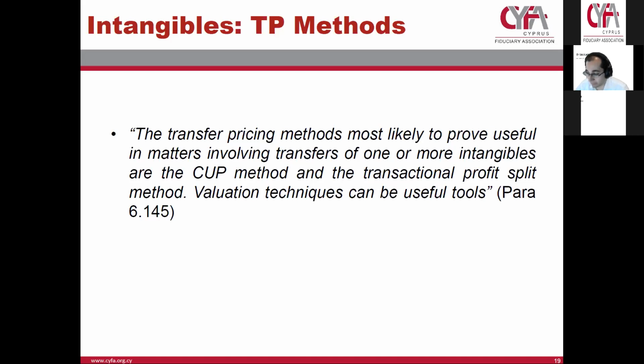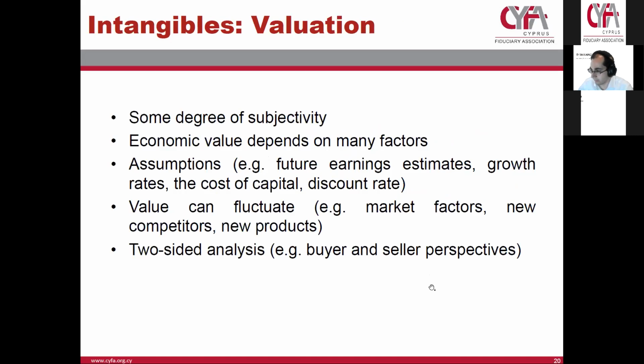The CUP method relies on close comparability, and so it may be hard to apply for a number of very unique types of intangibles. And so we are left with valuation techniques for a certain number of intangibles. The valuation techniques, of course, like anything in transfer pricing, involve a certain degree of subjectivity.